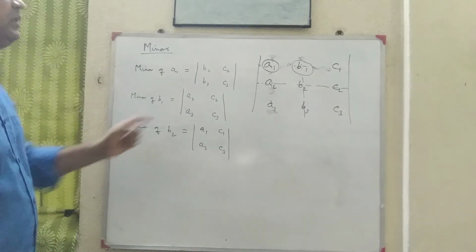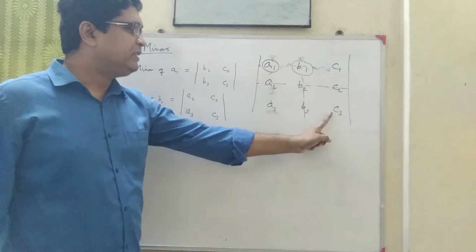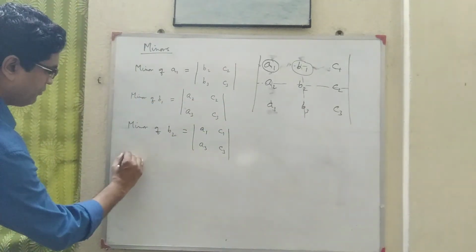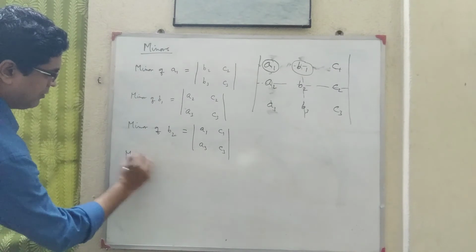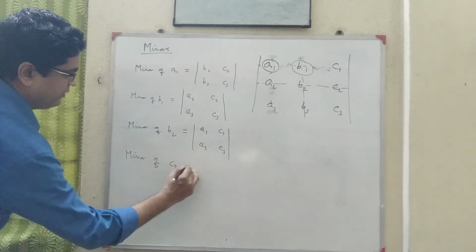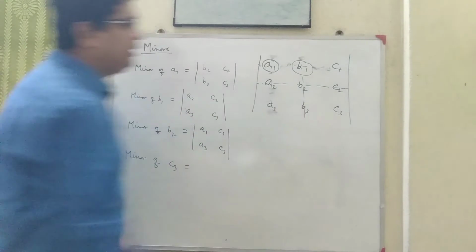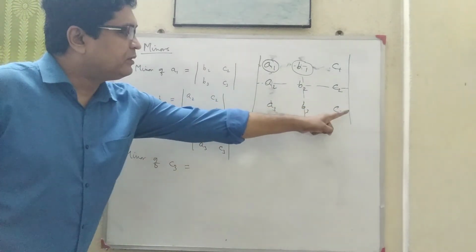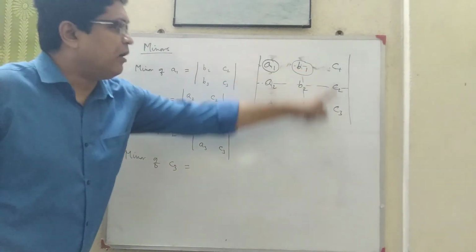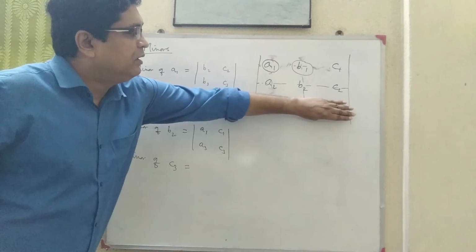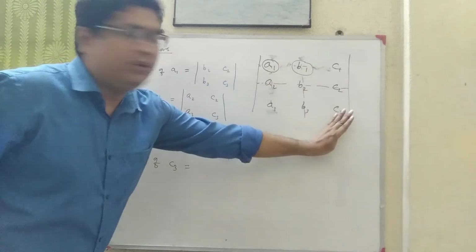Okay, suppose you want to find the minor of C3. So the minor of C3 is equal to, look, C3 lies in the third row and third column. So you just cover the third row and the third column.